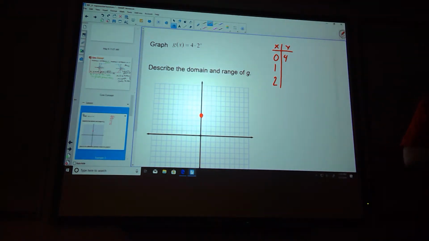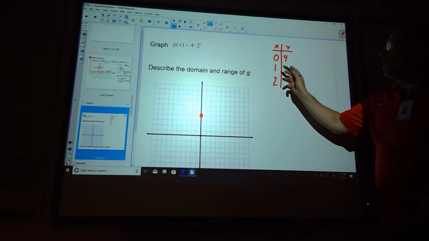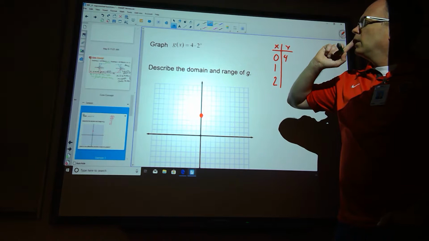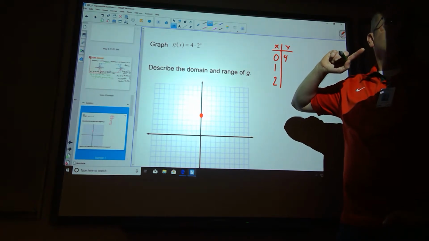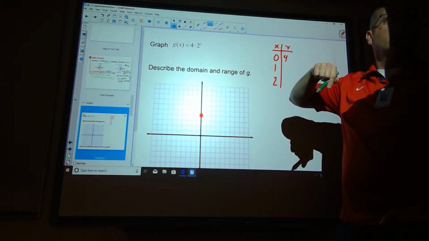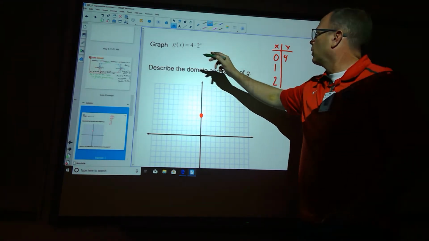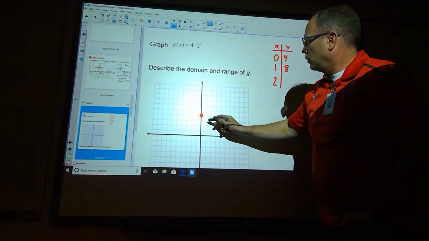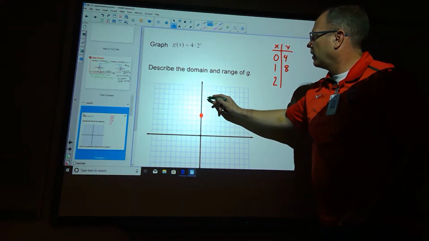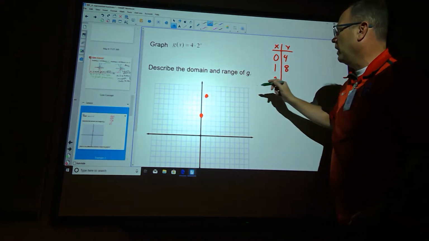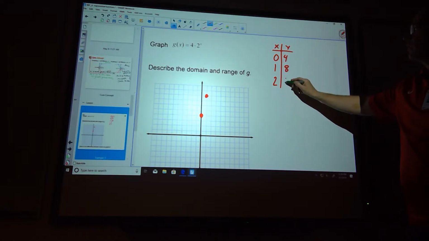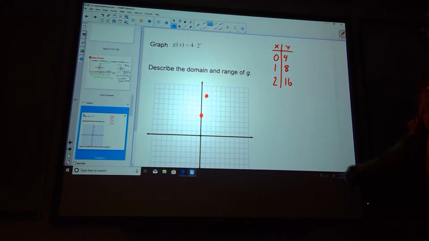Is that okay? If I plug 1 in, I get 2 to the first. 2 raised to the first power is what? 2. 2 times 4 is 8. And if I plug 2 in, I'm going to go off the graph because I get 2 squared, which is 4. 4 times 4 is 16. So I'm already off the graph at 2.